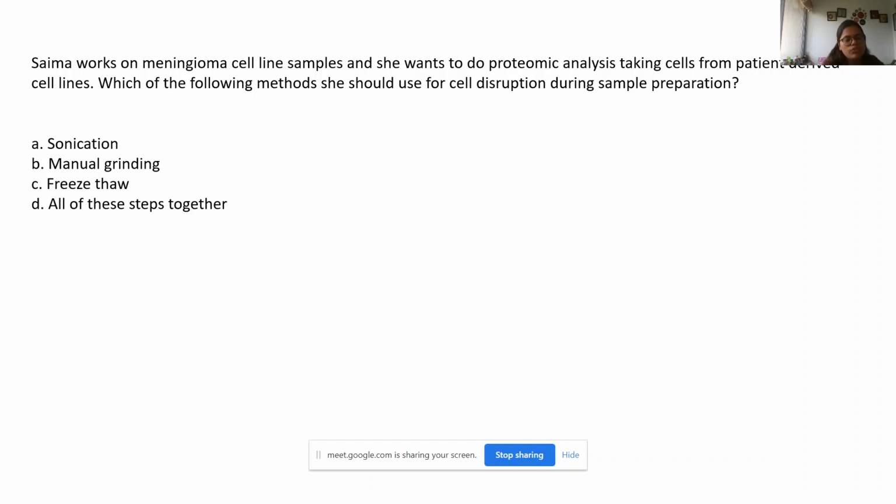So repetitive freeze thaw we should avoid. In any way we should avoid freeze thawing. Then how can we use that for cell disruption? Sonication. Yes, correct. Sonication helps in cell disruption during the sample preparation.